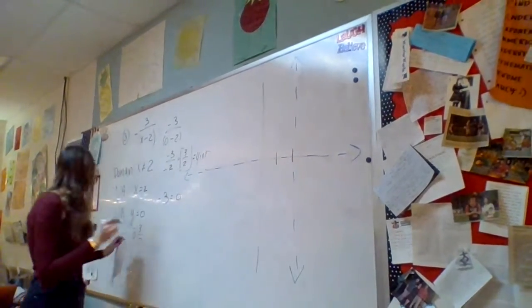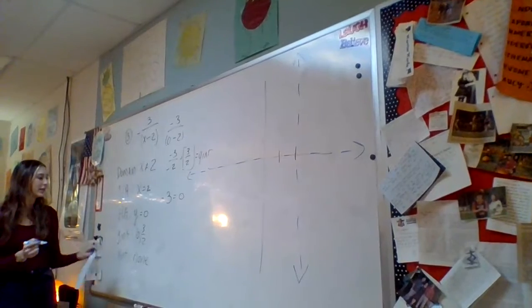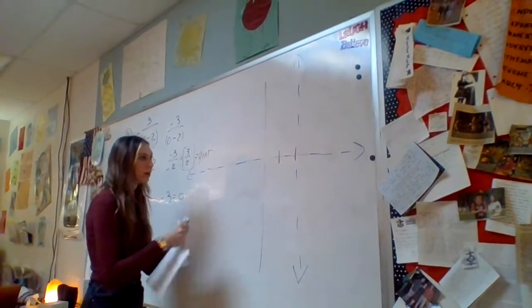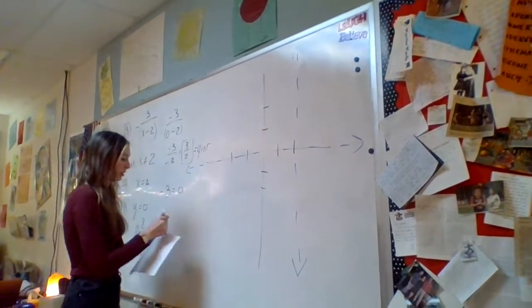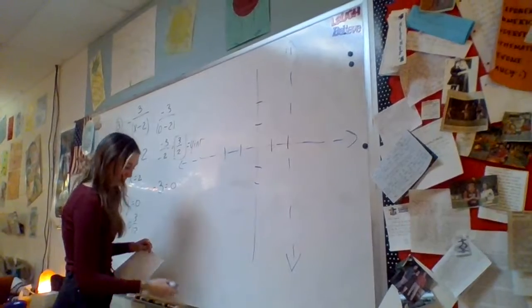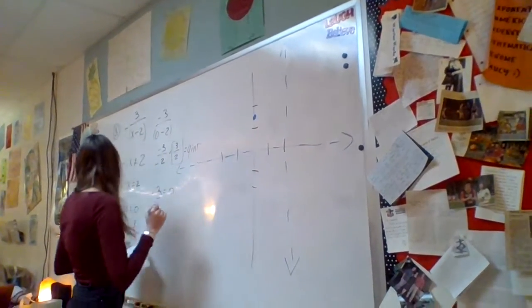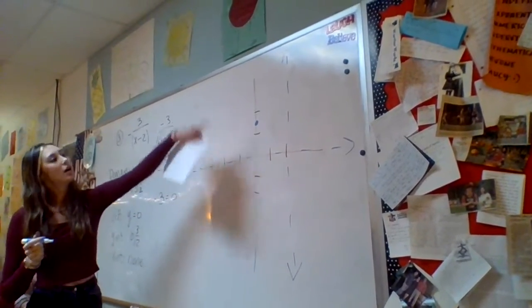Okay. And now our intercept. Our y-intercept is at 0, 3 over 2, so that's like 1.5, which is right here. And then we don't have any x-intercepts at all, so we can go ahead and write our line.